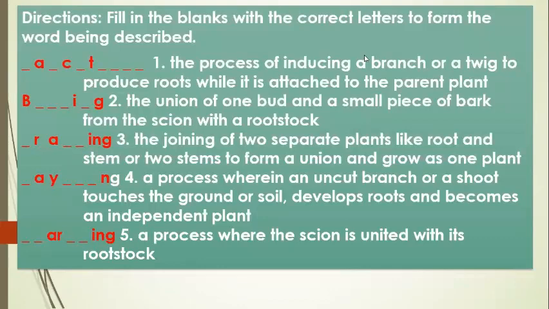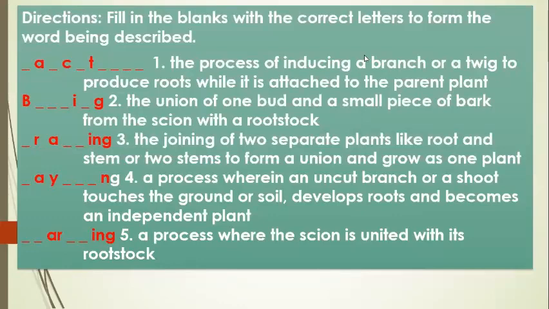So you have here letters given to you. For number one, you have A, C, and T. So you are going to fill in the letters there, the blank that describes the method in propagating plants or trees. Did you get it?